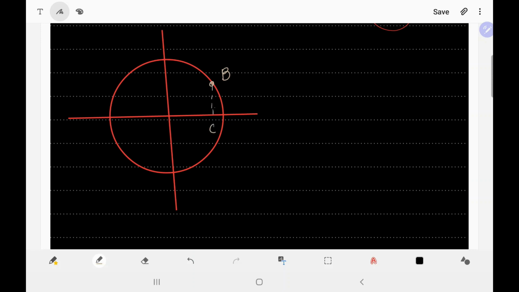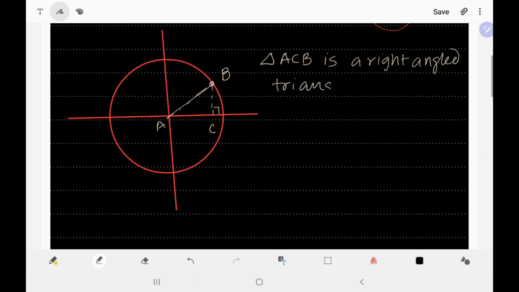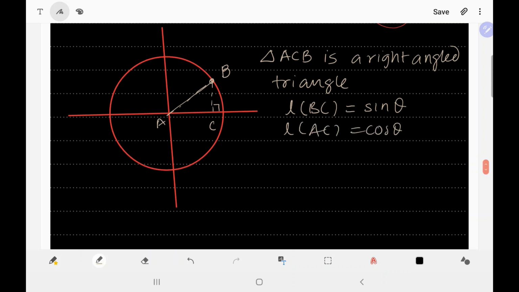We know that BC represents the y coordinate of point B and AC represents the x coordinate of point B, and triangle ACB is a right angled triangle. We have concluded length BC is equal to sine theta and length AC is equal to cos theta.